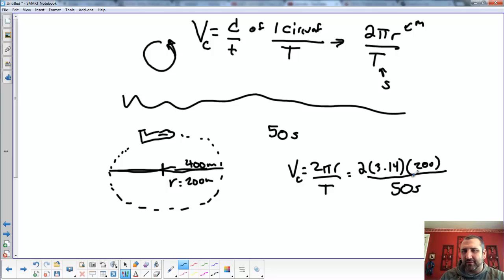That would make the plane travel at a velocity of 25.12 meters per second. That's about 50 miles an hour, so we'd never want to see an airplane going that slow, but that's what the calculation says.